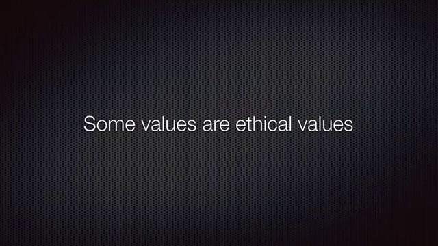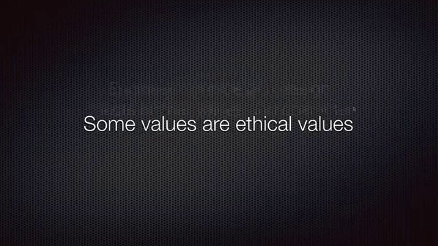Now, as I said, some values are ethical values. When we talk about the choices made in design, some of the values implemented do reflect ethical values. For instance, if I'm a lazy engineer and I decide that I don't care whether my stovetop is intuitive or not, then that disregard shows a lapse in my moral or ethical values, if I do something arbitrary that might cause harm to the person cooking on my stove.